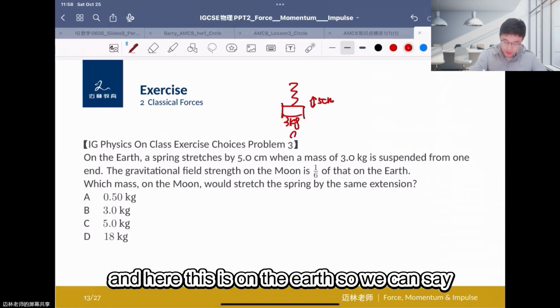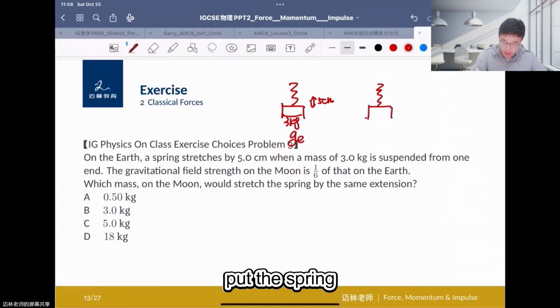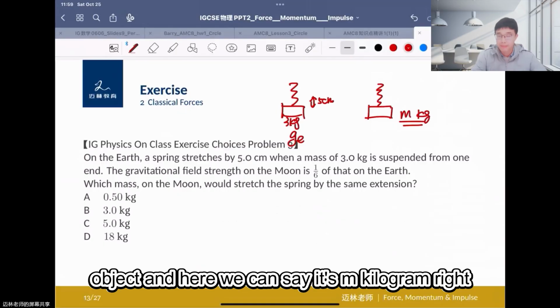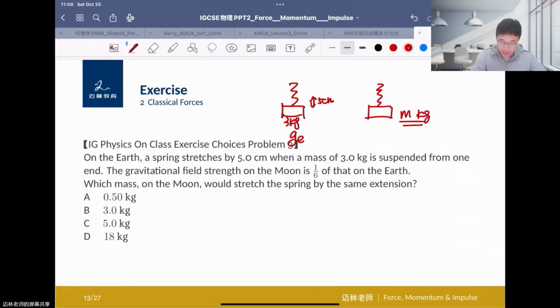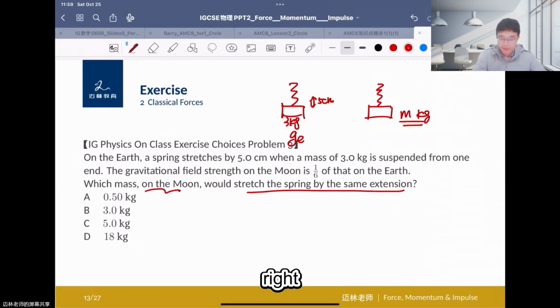This is on the Earth, so we use g Earth. Another situation is we put the spring on the Moon. Here we don't know the mass of the object, so we say it's m kilograms. We want to find which mass on the Moon would stretch the spring by the same extension.